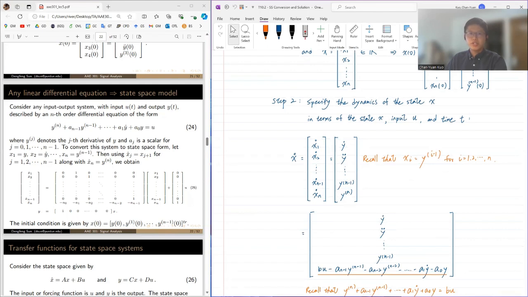Step 2, we need to specify the state dynamics. To derive the state dynamics, we look at the first time derivative of the state, x dot. Recall that the state variable xi is defined as the i minus 1 time derivative of y. Therefore, we can see that x dot is equal to a vector of y dot, y double dot, all the way to the nth derivative of y.